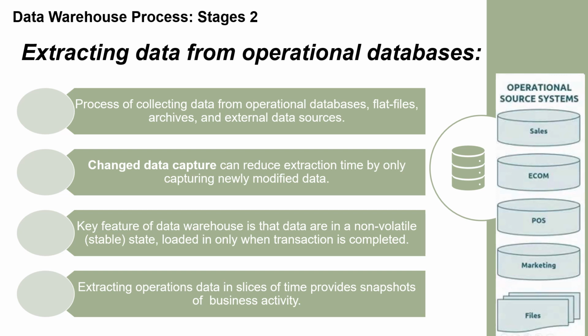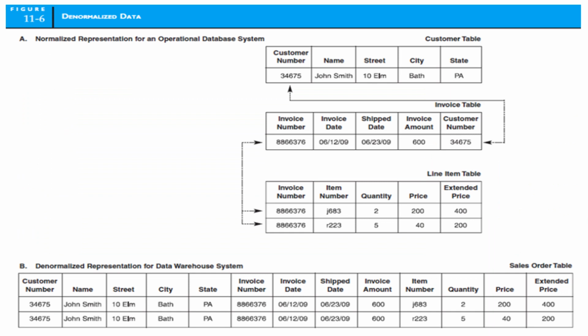Extracting operations data in slices of time provides snapshots of business activities. So meaning that we have different files based on the operations and so on, but when we extract the data, we extract it based on the timing. We will explain how it operates in one figure after a while.